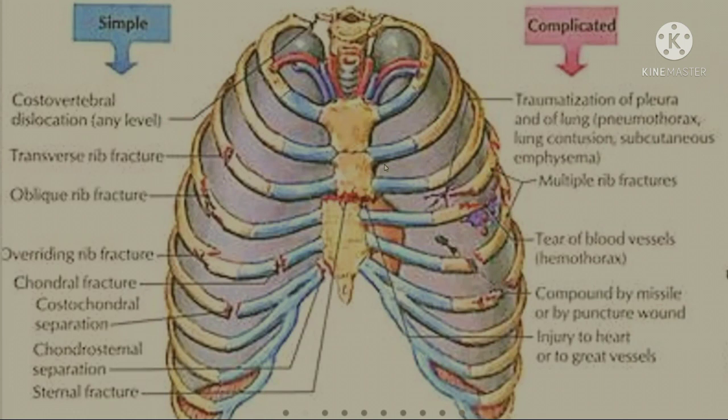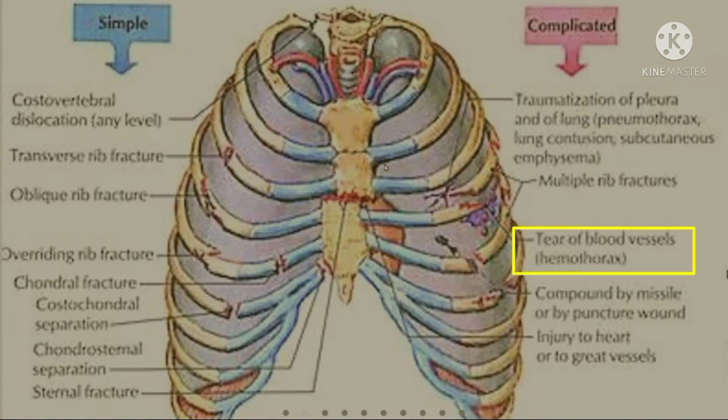The complicated results of a blunt trauma: the first one is traumatization of the pleura and the lung parenchyma. This occurs because of a sharp pointed rib fragment that is formed, and rupture of the pleura will result in pneumothorax, and subcutaneous emphysema may be seen. There can be multiple rib fractures in a severe injury, as you are seeing in this image.